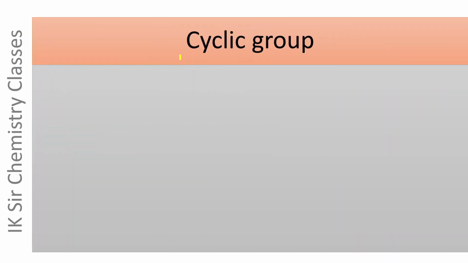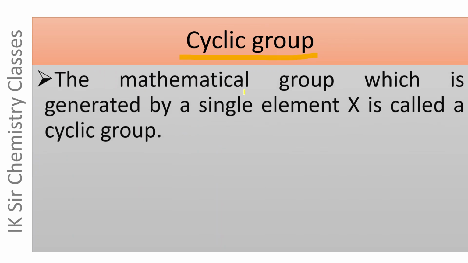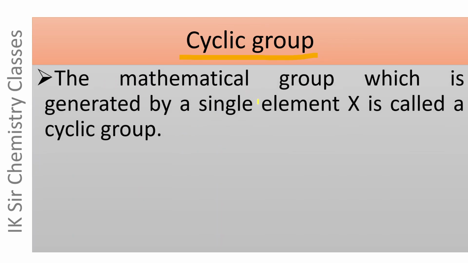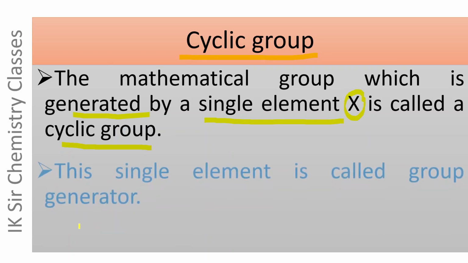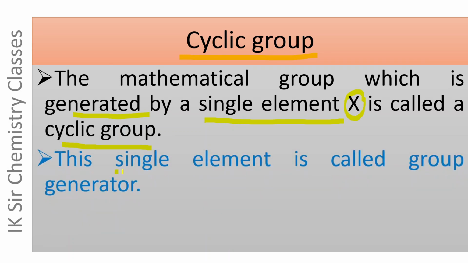And cyclic group: the mathematical group which is generated by a single element x is called a cyclic group. This single element is called group generator.